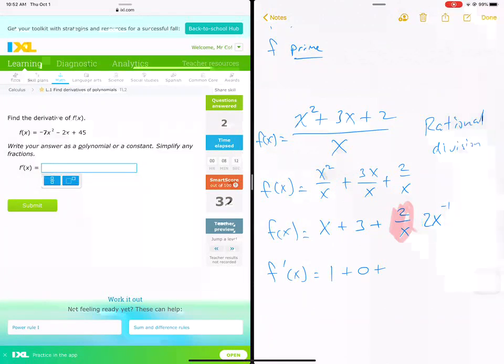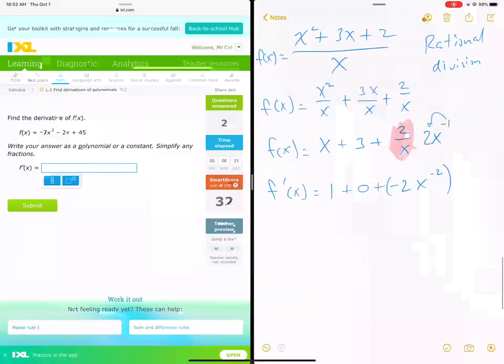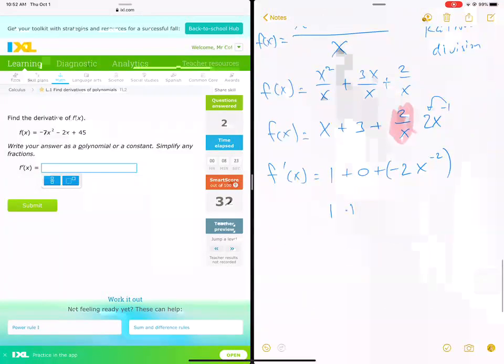Power rule would change the problem to become a negative 2x to the negative 2 power. We could rewrite this as 1 minus 2 over x squared. Does anyone need help with how I wrote x squared in the denominator?